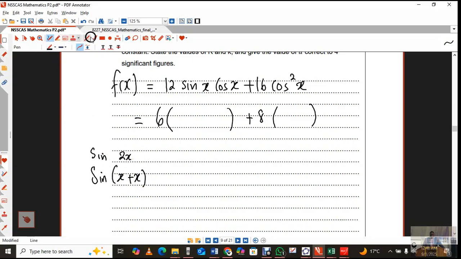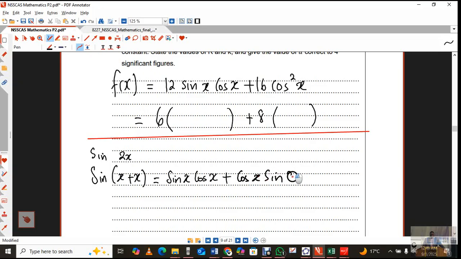This is just a bit of side work that I'm introducing. At the end of the day, I hope you know from your compound angle that sine 2x is sine x cos x plus cos x sine x, which just gives you 2 sine x cos x. Can you see that?